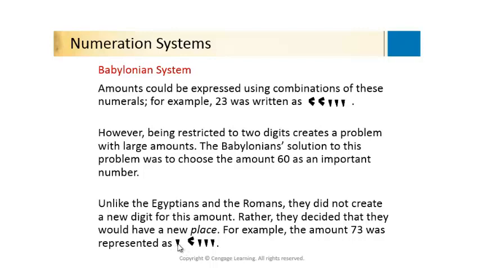So if you had 60 plus that 10 would be 70, and then add the singles if it comes afterwards. So this represented the number 73 without having to make 7 of these kind of C-shaped wedges.